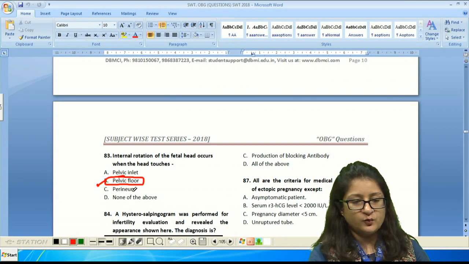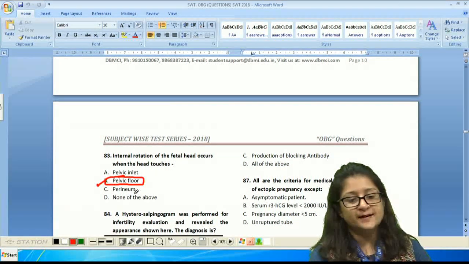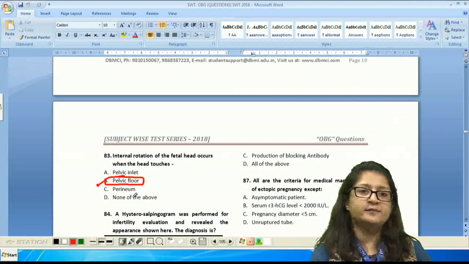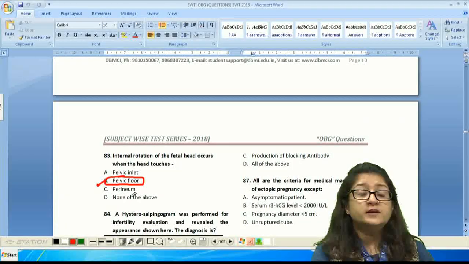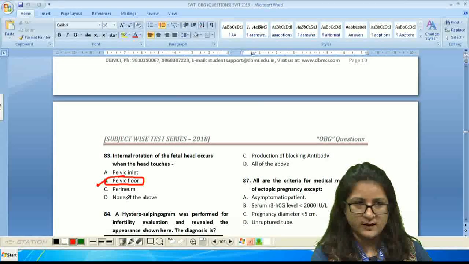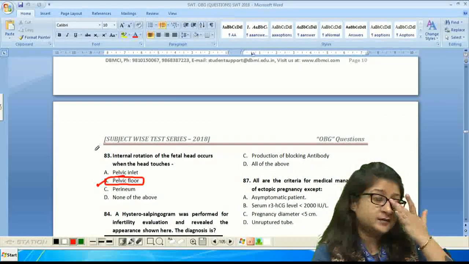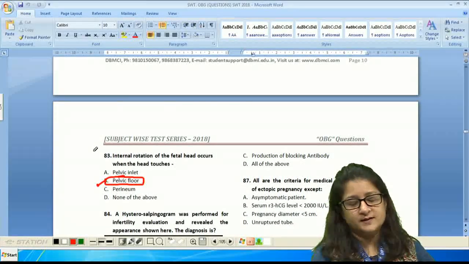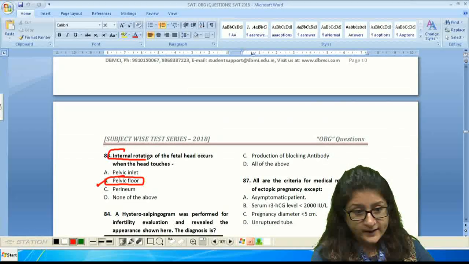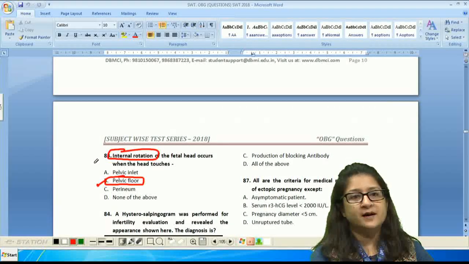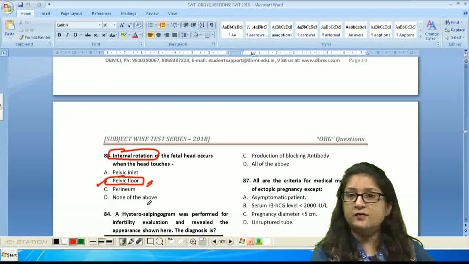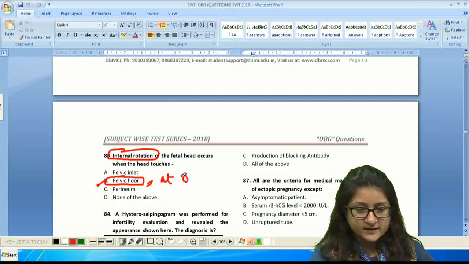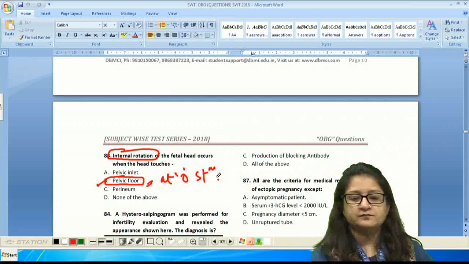There was also this question asked whether internal rotation happens earlier or later in primi. Only 2 things happen earlier in primi, that is engagement and effacement. But internal rotation in multigravidas and primigravidas happens at the same time, that is when the head touches the pelvic floor, at 0 station.